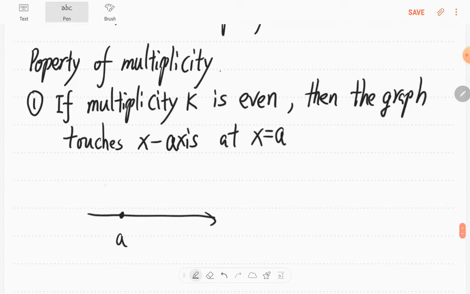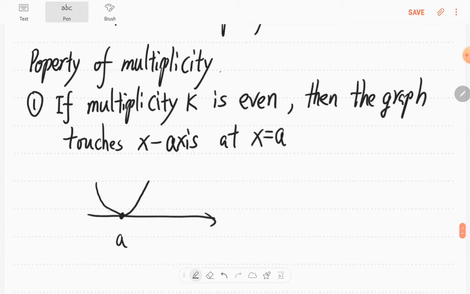It will look like this. Nearby a, it will touch the x-axis.